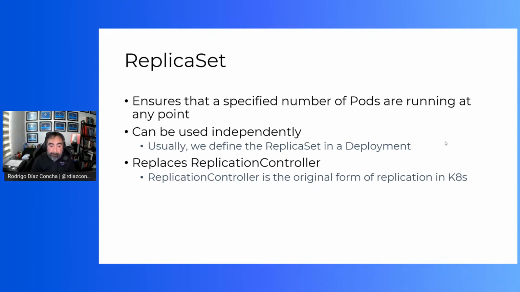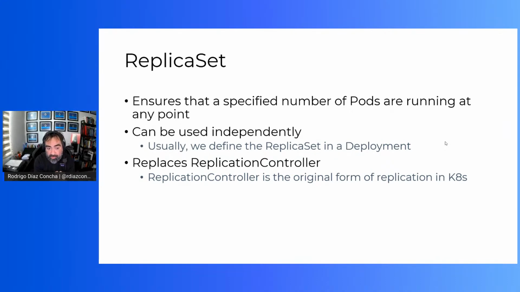Okay, so you can use this replica set object independently. However, usually we define it inside a deployment. A deployment in itself has a replica set. That's an inherent replica set. Okay. Back in the day, some years ago, we had the replication controller, and that's the original form of replication in Kubernetes. Then ReplicaSet was created.